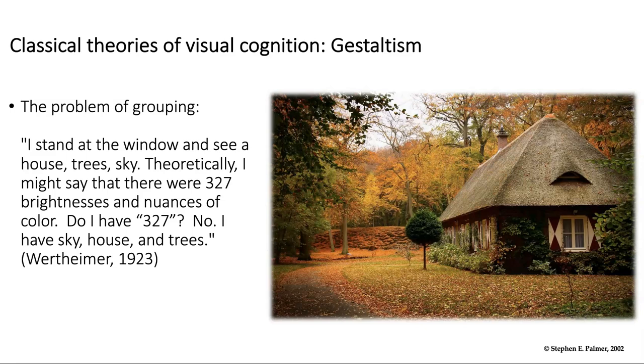So this is interesting because if you think about computer vision, which is based on processing of pixels, object recognition is an important part of it nowadays. So this is a nice perspective that Gestalt people presented. What we perceive, at least consciously, is objects rather than pixels.